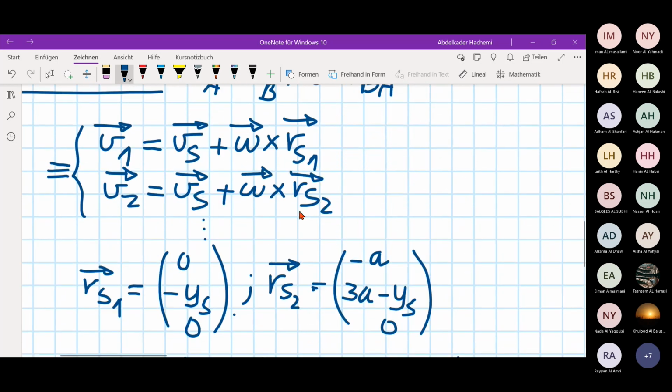Okay, we now only have to replace in this relation for the velocities v1, v2, v3, and v4.